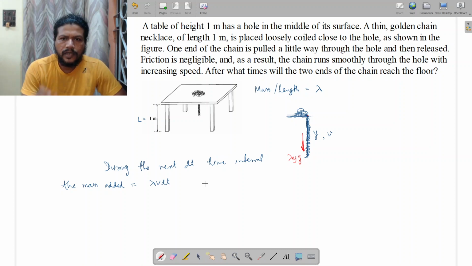It exerts on the part that has been added an impulse which is lambda v dt into v, so the momentum added is lambda v square dt.